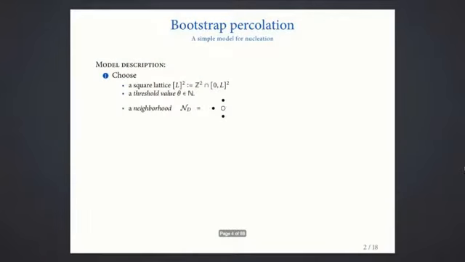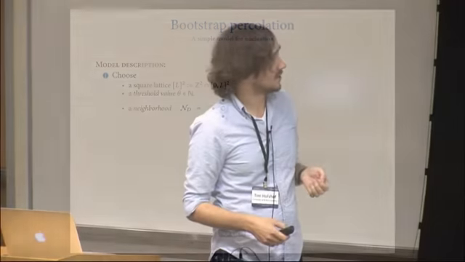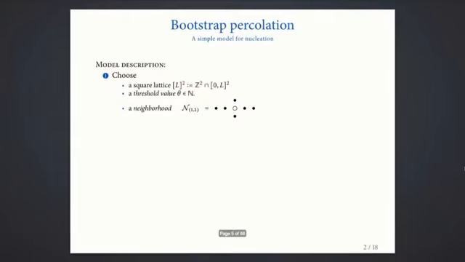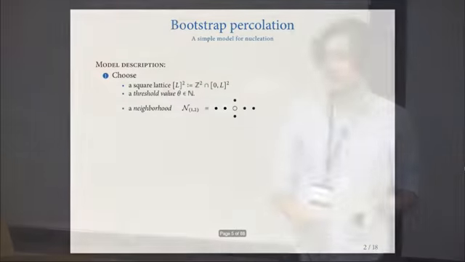This is one that's been studied quite a lot. It's kind of a remarkable neighborhood. It has interesting properties. But the one that I will mostly be talking about today is this neighborhood, where you have the nearest neighbors plus also to the sides the next nearest neighbors. And this is what I will call anisotropic bootstrap percolation, this model.